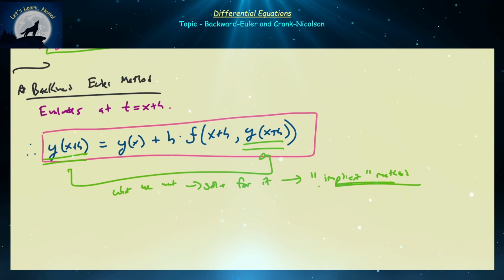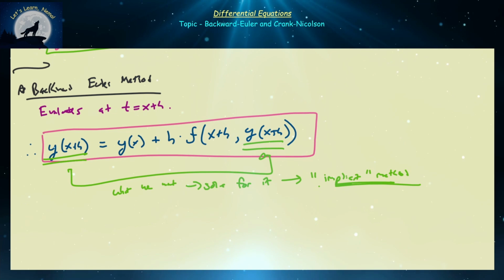And usually you would have to use numerical methods such as Newton's iteration method or Banach's fixed point iteration method or other algebraic solvers in order to figure that out numerically, and you have to do that on every single time step, right? Or every single h step, I guess you could say. So that's what the backward Euler method is versus the forward Euler method.